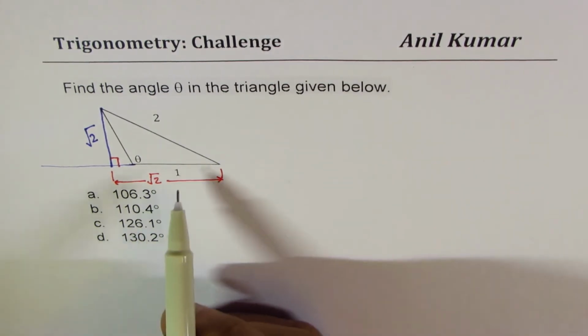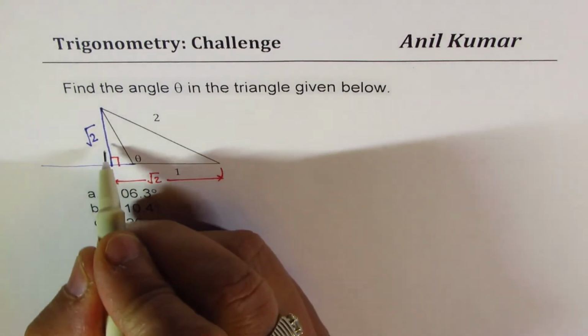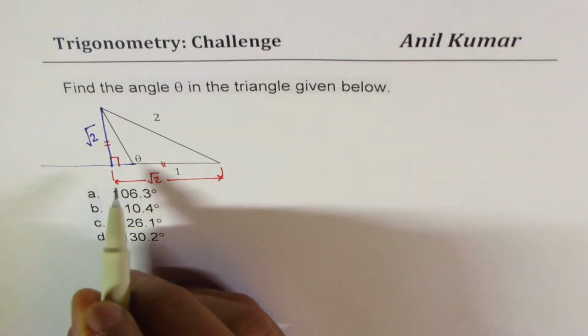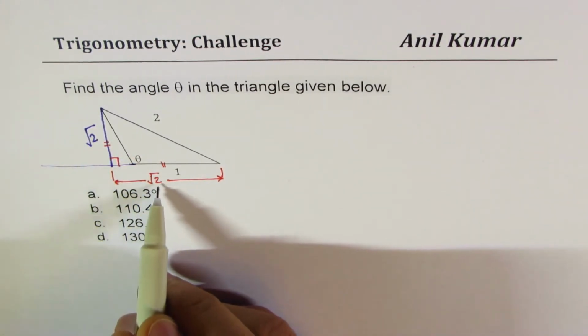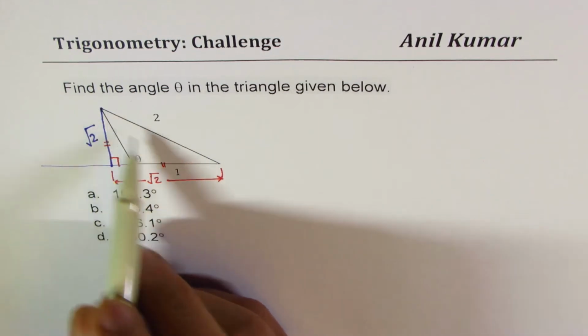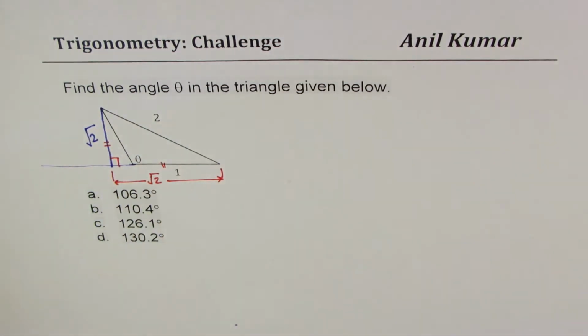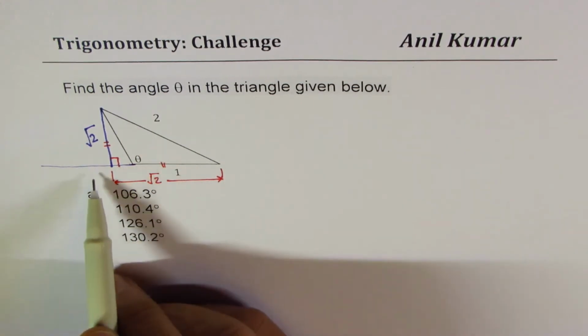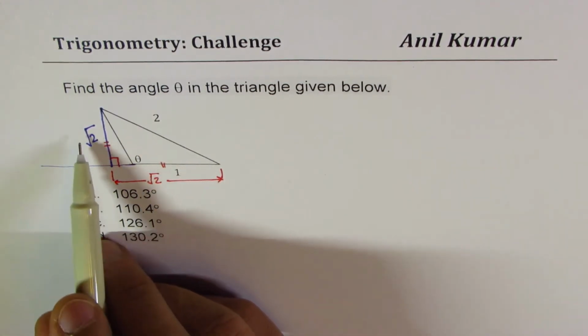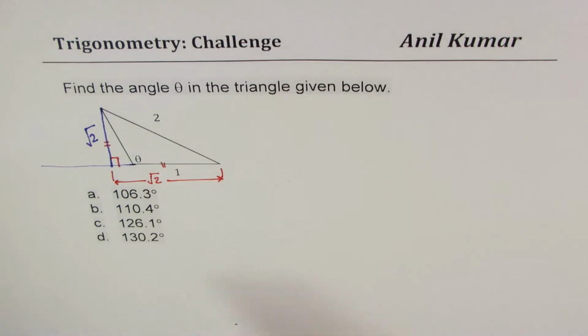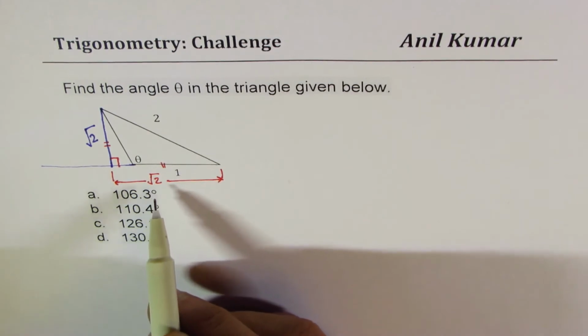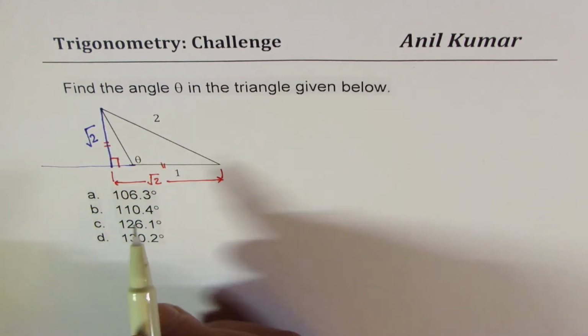But what you realize here is that if I have an isosceles triangle with 2 sides as square root 2 and the third side is 2, that means it is a right angle triangle, correct? So this indeed is a right angle triangle where 2 sides are square root 2, and that becomes the hypotenuse of 2. Perfect. So now I think we can solve this.